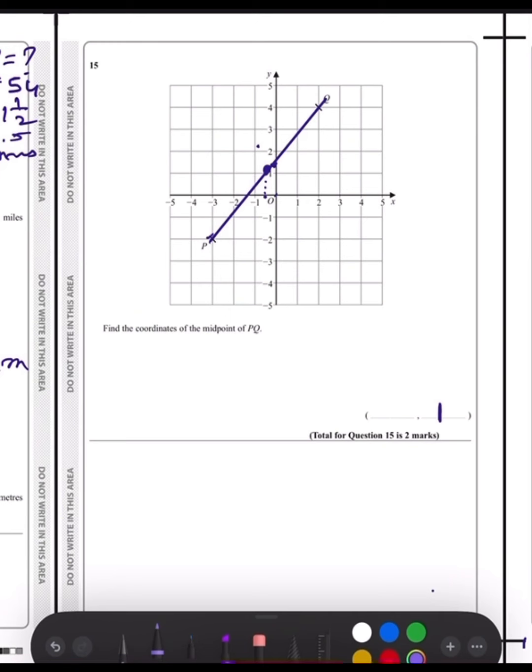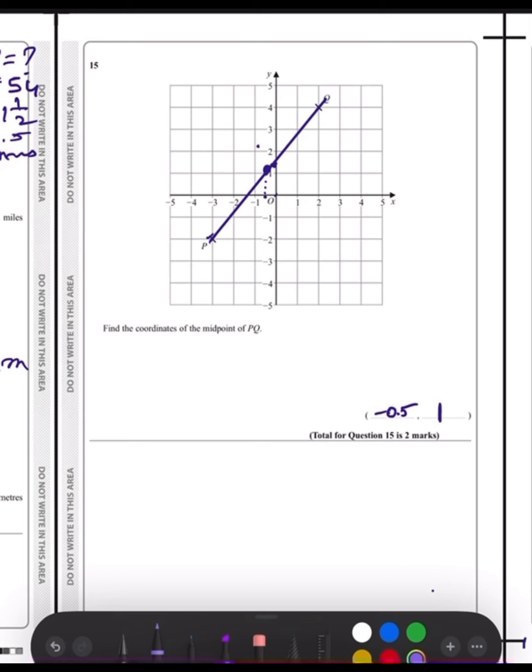So we write 1 here. And when we see our x, we can see it's between 0 and -1. So basically it would be -0.5 because it's in the middle of 0 and -1. And that would be our coordinates, 2 marks.